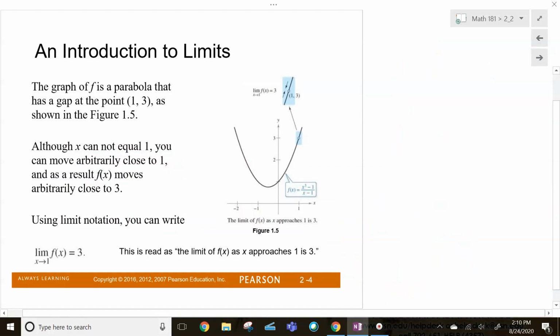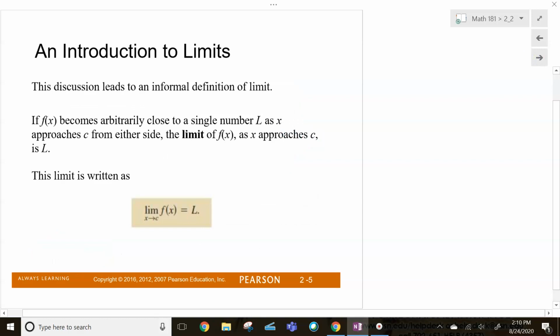Okay, here's just another look at it. Informally, as I approach 1 from both sides, are they agreeing on the y value? If so, what is it? Even if it's not defined there, what's the y value that it's getting closer to? That's the informal definition.